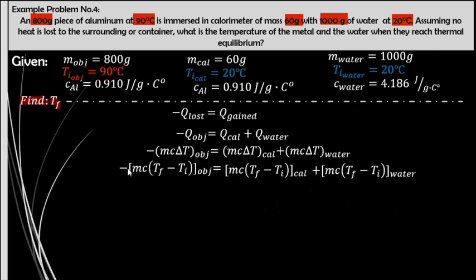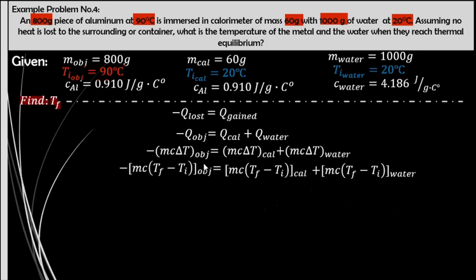So it will become negative mass times C of the object multiplied by T sub F minus T sub I equals mass times specific heat capacity of the calorimeter multiplied by T sub F minus T sub I plus mass times specific heat capacity of our water multiplied by T sub F minus T sub I. We can now substitute our given data.